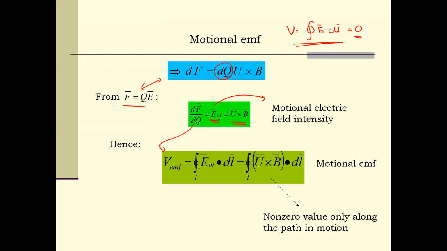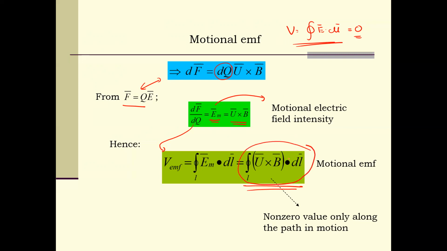The EMF is equal to the closed loop integration of EM dot dl, and by applying that EM equals U cross B, we have the equation that governs the motional EMF generation, in which the EMF is equal to the closed loop integration of U cross B dot dl.